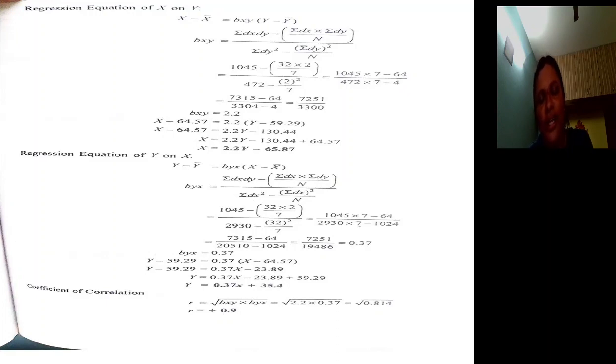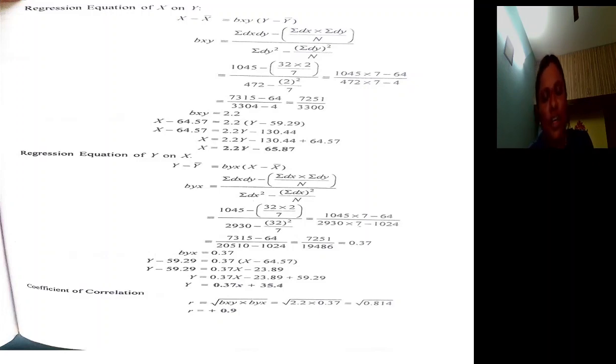So x minus x bar, which they have already calculated as 64.57, is equal to bxy 2.2 into y minus 59.29, which gives minus 130.4. So the equation x on y is x equals 2.2y minus 65.87.